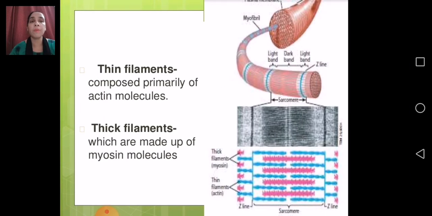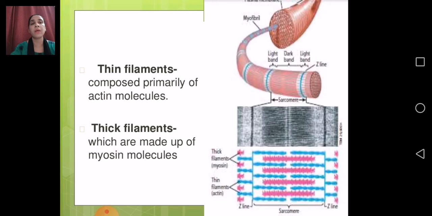Now, thin filaments present in your muscles are composed primarily of actin molecules. Thick filaments are made up of myosin molecules. The thick filament is known as myosin, and the thin filament is known as actin.